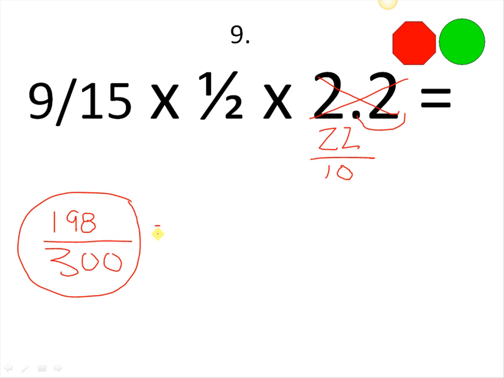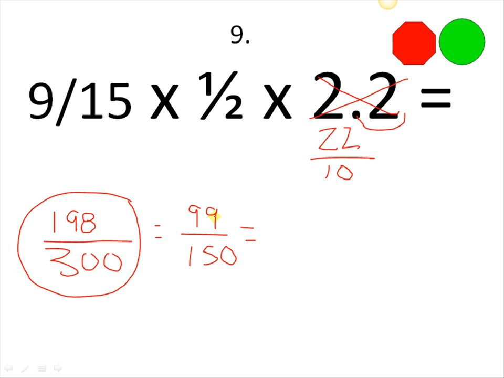First thing I would do, looking at something like this, is say, well, they're both even numbers, so it's easy for me to cut them in half. So this is 150, and this will give me an equivalent fraction, and half of 198 is going to be 99. The next thing I would do with this is look at it and say, this is divisible by 3, and this is divisible by 3.